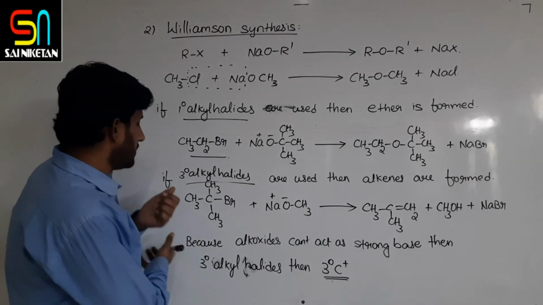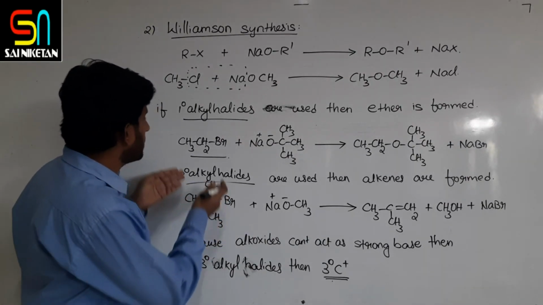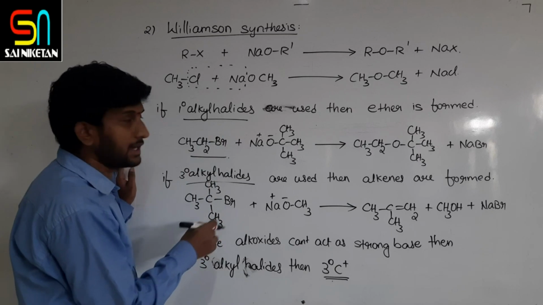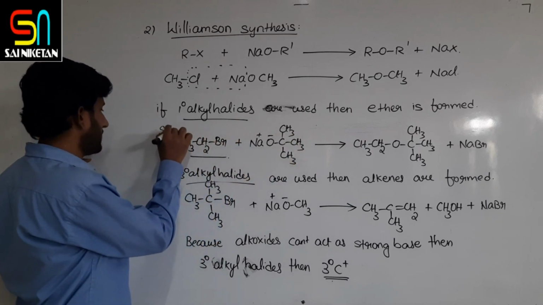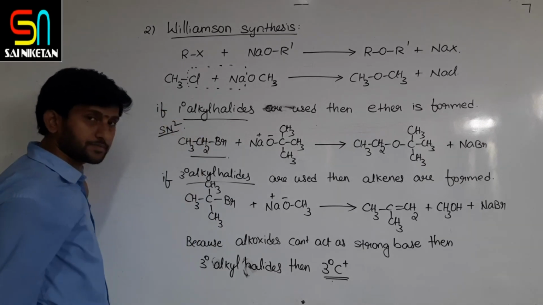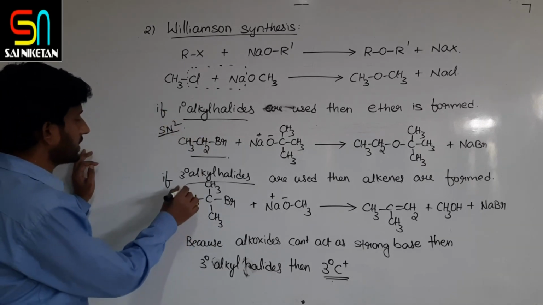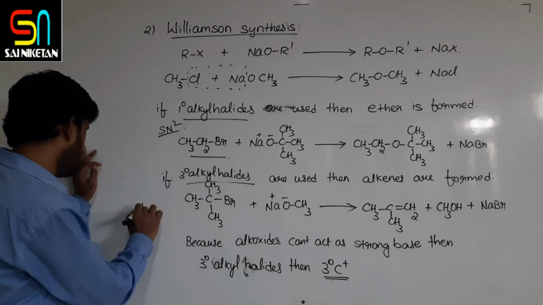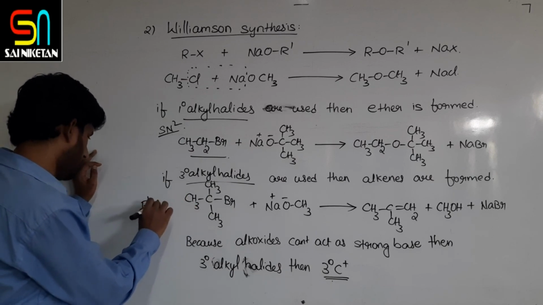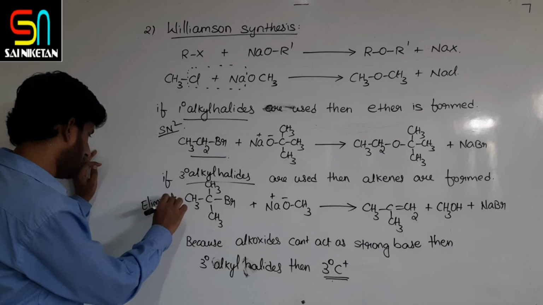So what is happening: if you are taking primary alkyl halides, the nucleophilic substitution mechanism takes place, that is the SN2 mechanism. If you are taking tertiary alkyl halides in the presence of strong base, then elimination is favored.